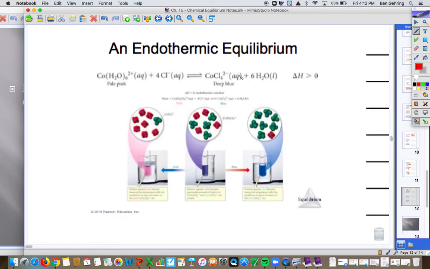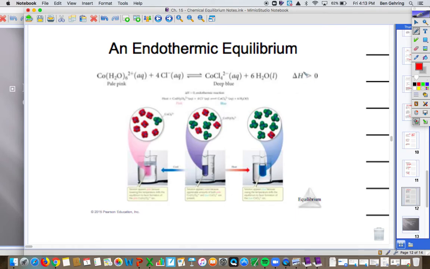Here is an endothermic equilibrium. So you have this substance here, which is cobalt bonded to water, and it's reacting with chloride ions. This is cobalt chloride dissolved in water. And it produces, on this side, cobalt chloride plus 6 water molecules.